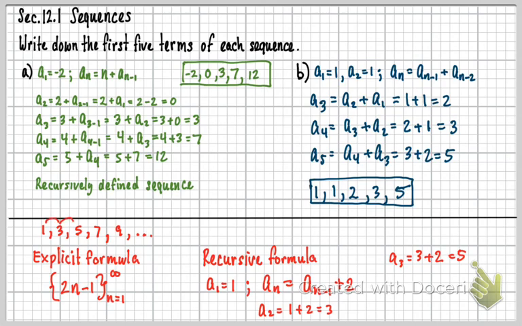I'm just adding 2 every time, so that's why I get this 2n. And for this one, I'm just taking the previous term and adding 2 to it. So it's just simply an minus 1 plus 2. Again, I wanted to kind of show you the 2 different formulas that you'll see throughout this homework assignment and throughout this chapter. So there we go. So this actually works.